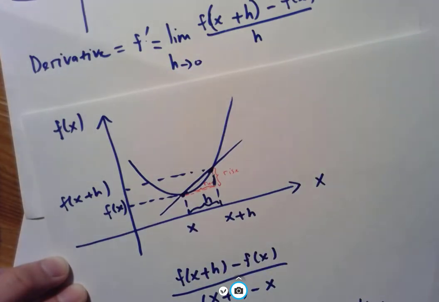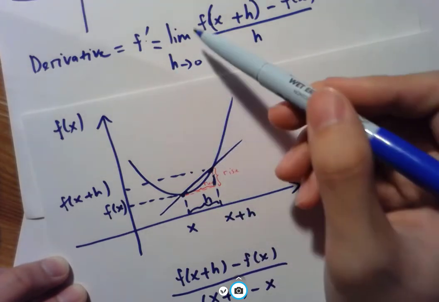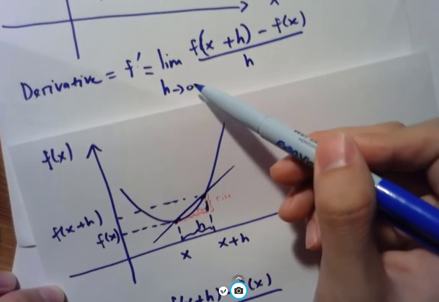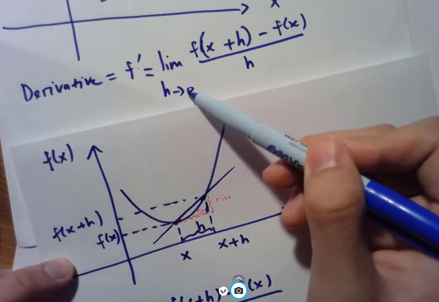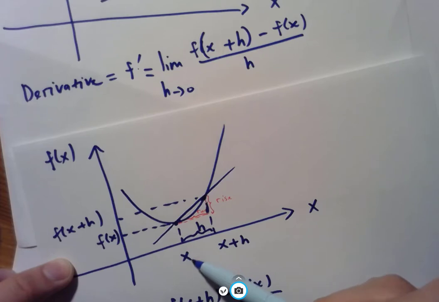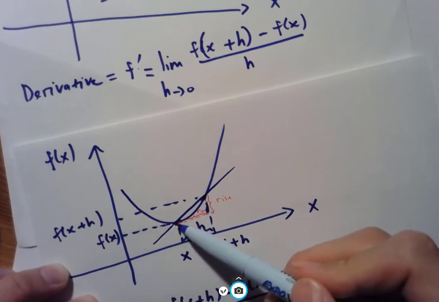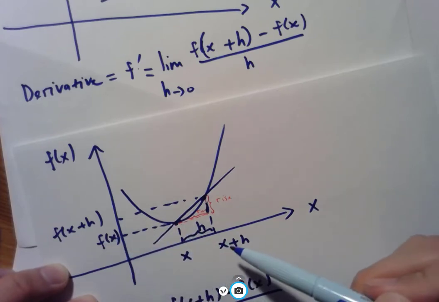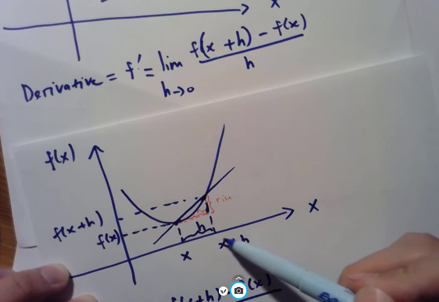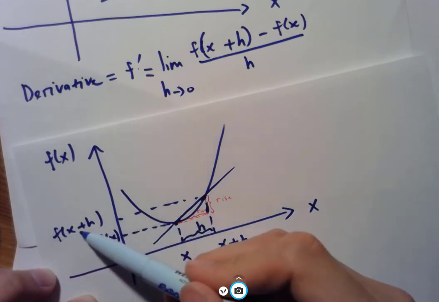So I want h to be approaching 0, and that's why in this limit formula you want h to approach 0, because h is the distance between the point x and x plus h. Now at the point x, the y value is f of x. At the point x plus h, the y value is f of x plus h.